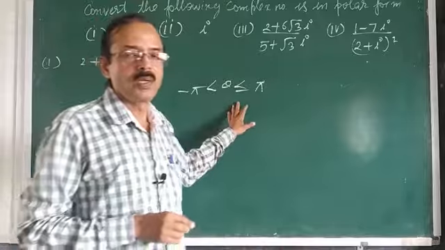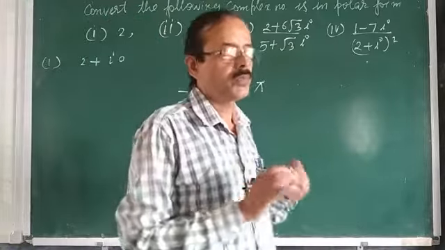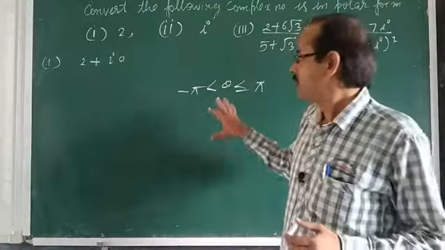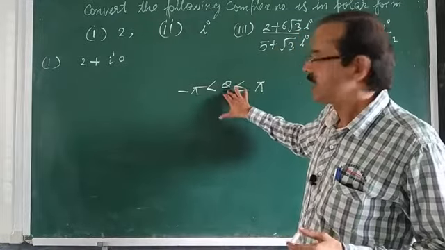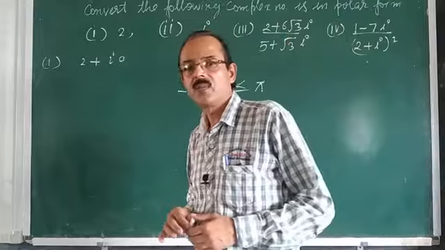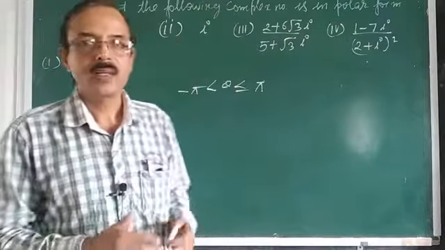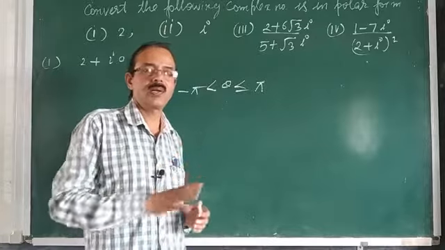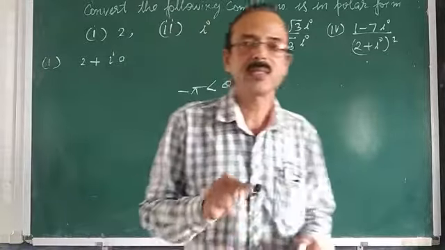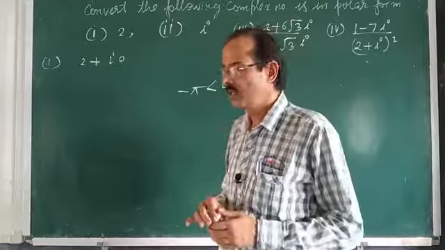Also, I had told you that this theta, meaning the argument of the complex number, depends on the quadrant. So we have to see in which quadrant it lies: first, second, third, fourth.